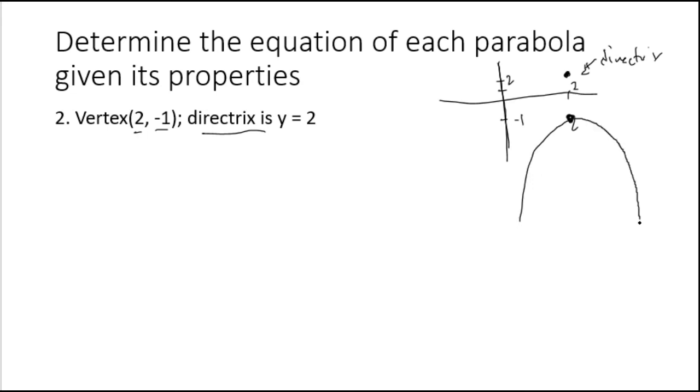So, opens downward naman po ito. Okay? So, most likely, andito yung ating focus. Now, the distance of our directrix is equal to the distance of our focus. For example, nandito yung focus natin. So, meaning to say they are equal.